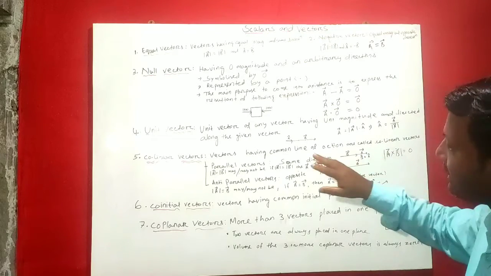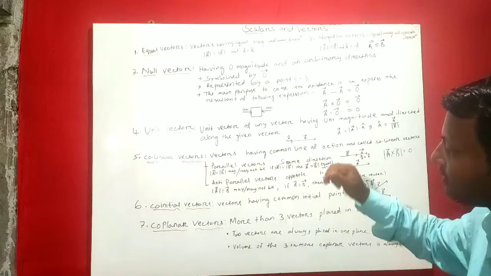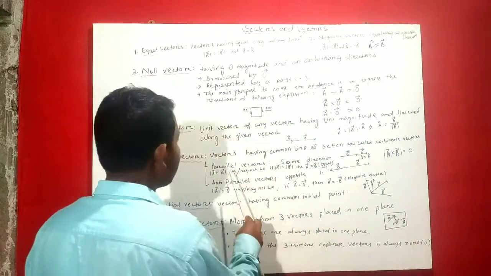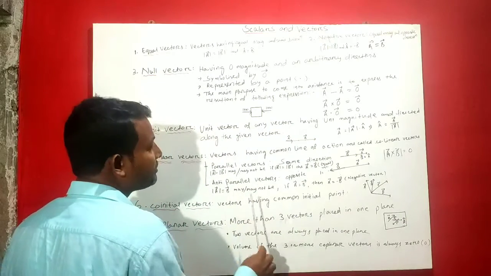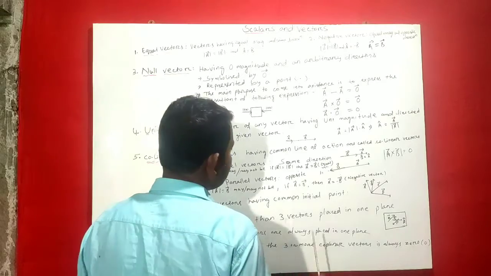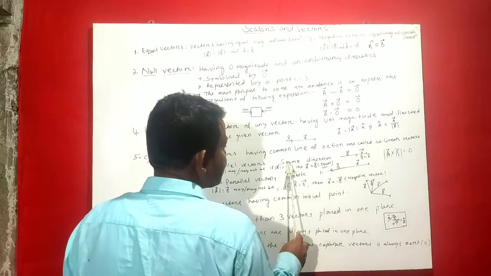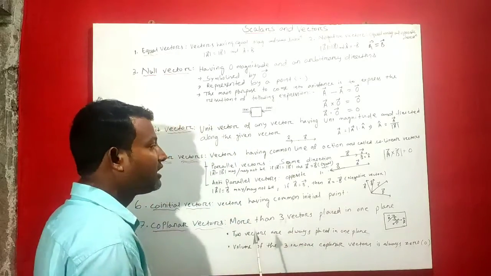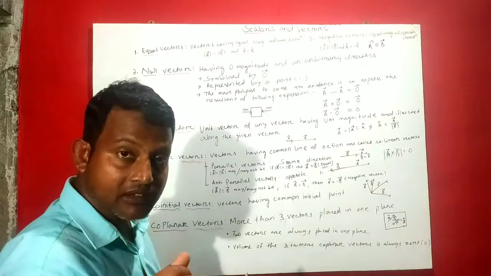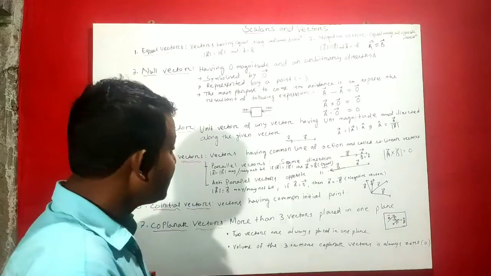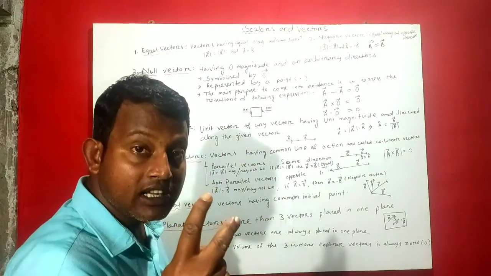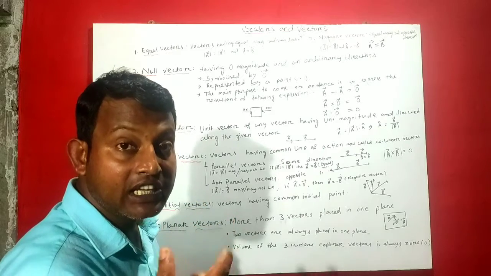Then collinear vectors are of two types: parallel vectors and antiparallel vectors. Parallel vectors have the same direction. The magnitude of collinear vectors may or may not be the same. If the magnitude is the same, then these two vectors will be equal vectors.